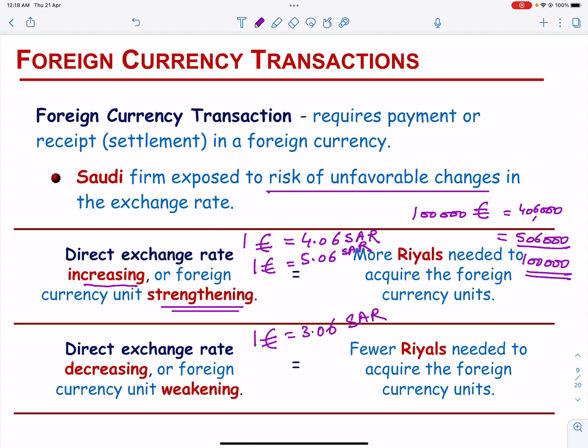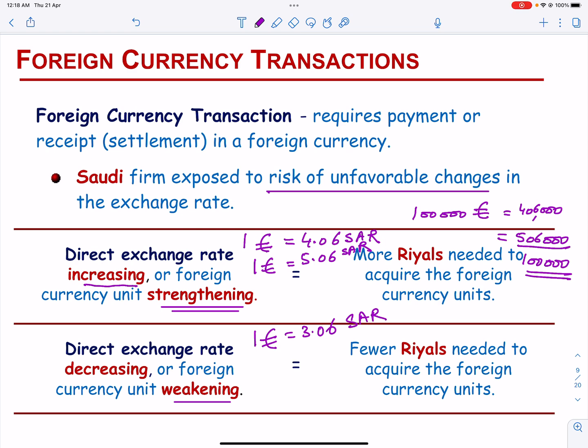This means that the foreign currency has weakened and the Saudi firm will gain. However, this relationship will be reversed if the Saudi firm will receive foreign currency in place of paying. The Saudi firm would like the riyal to weaken if it will be receiving the foreign currency.